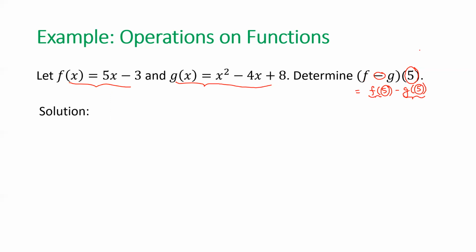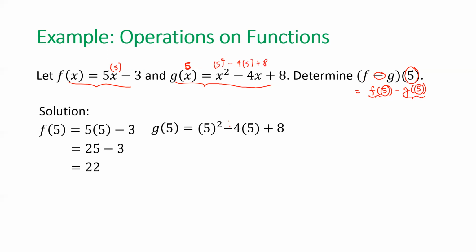So for our solution, f of 5 will be 5 times 5 minus 3, which is equal to 25 minus 3, which is equal to 22. And then we will evaluate g using x equals 5, and we substitute it here, so we get 5 squared minus 4 times 5 plus 8, and that gives us 25 minus 20 plus 8, which is equal to 13.